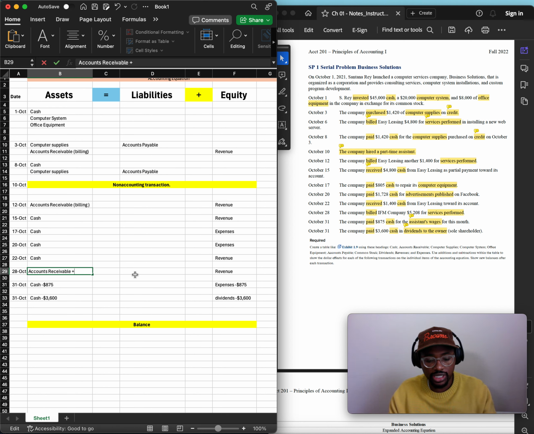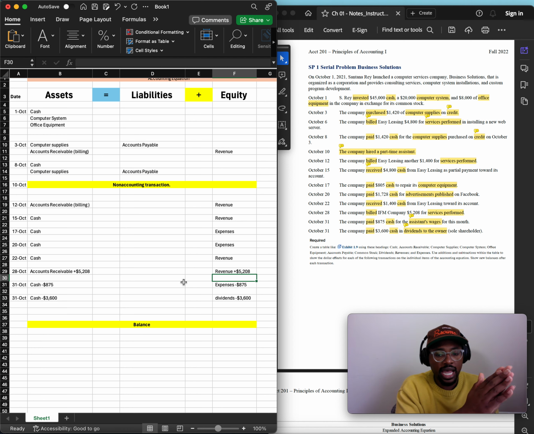It's going to increase our asset. You want to write that down. It is going to increase our asset, right? Because we're gaining money. So if I put a positive on this side of the equation, go figure, I need to put a positive on the right side of the equation. And that's it. You see, whatever you do on one side, you need to do on the other side.